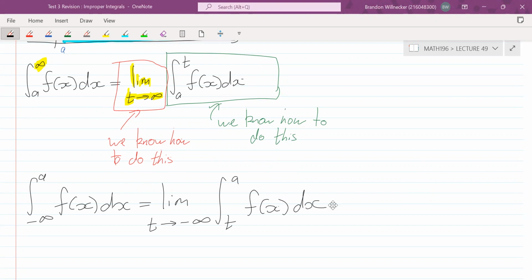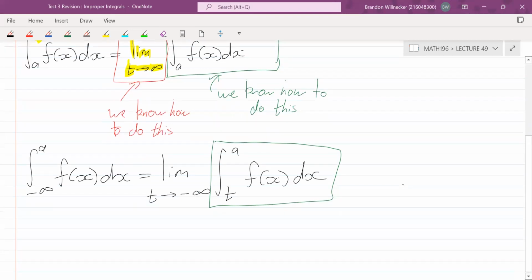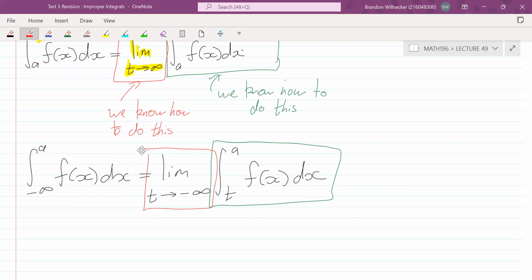And again, the definite integral is easy to do. It's just an upper bound a, lower bound t, no problem with that. Then we're going to get some function of t, and then we take the limit. After we take the limit, that's our final answer.